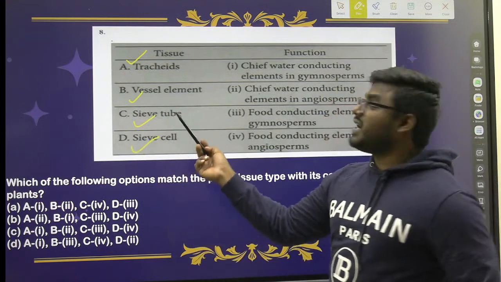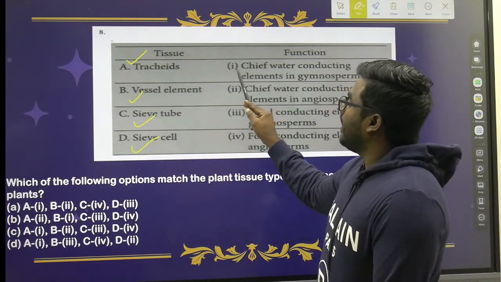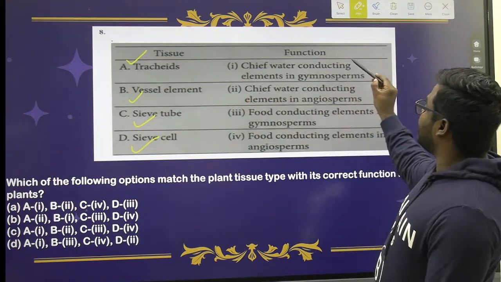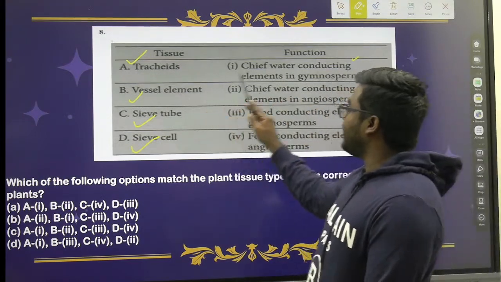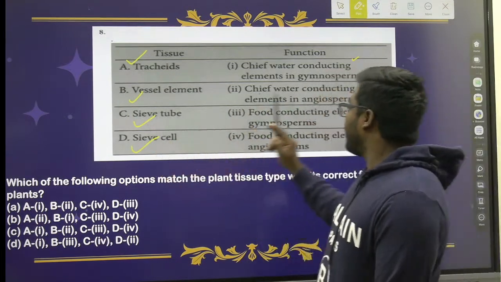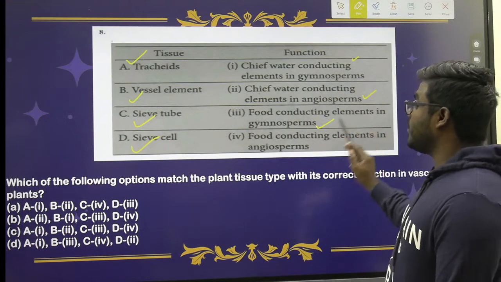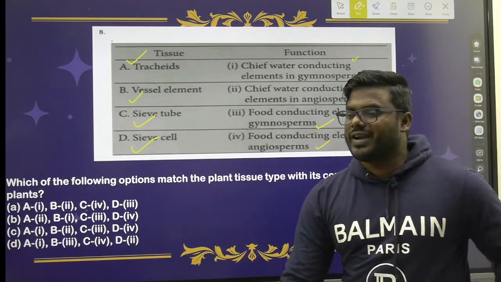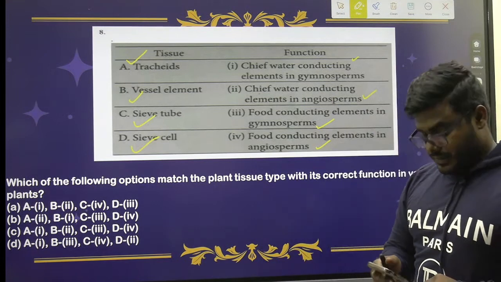Every single statement we have studied in the classroom. Option 1 says that tracheids, water conducting elements in gymnosperm. Vessel elements, water conducting elements in angiosperm. Sieve tube, food conducting elements in gymnosperm. Sieve cells, food conducting elements in angiosperm. It's a very direct and straightforward question.